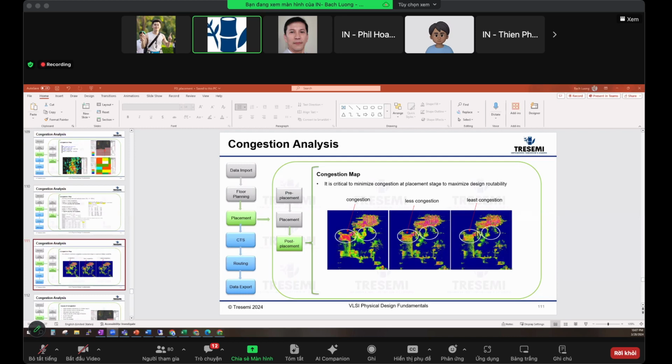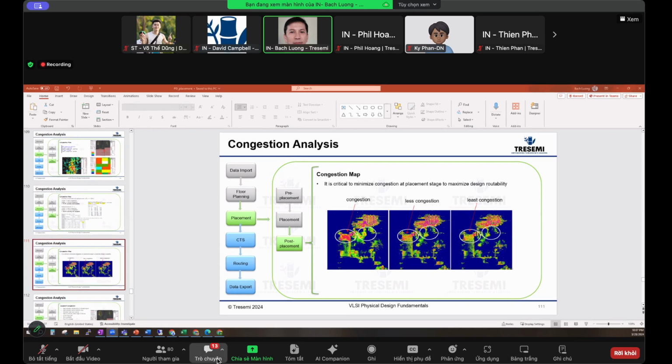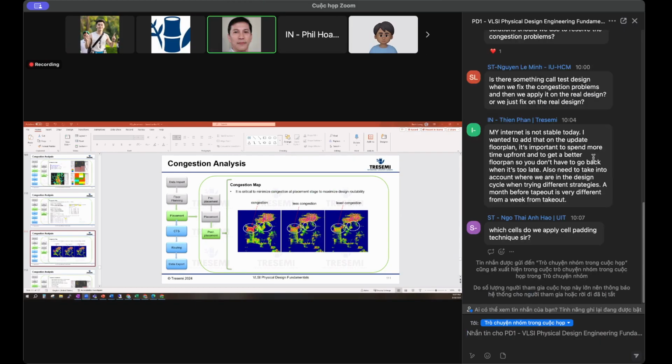And then a question that I don't think we got to: is there something called test design where we fix the congestion problems and then we apply it on the real design, or do we just fix it on the real design? There is a test design, but usually it's for testing a new technology.